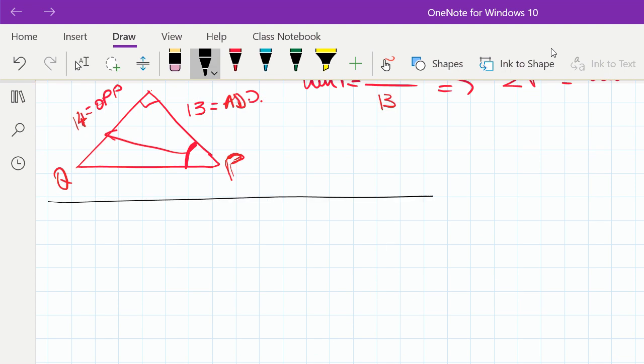Now let's move to another part, when we know the angle and we are looking for one of the sides.